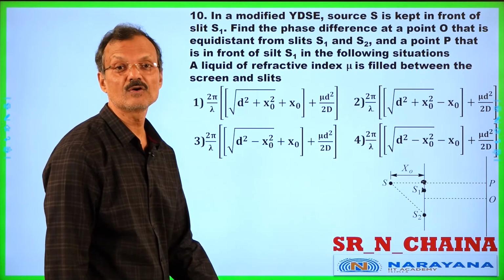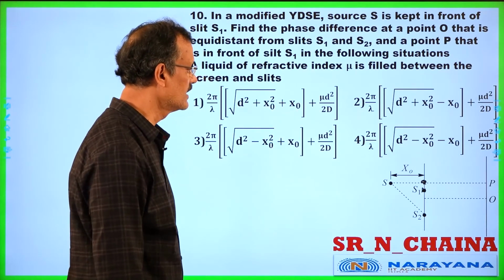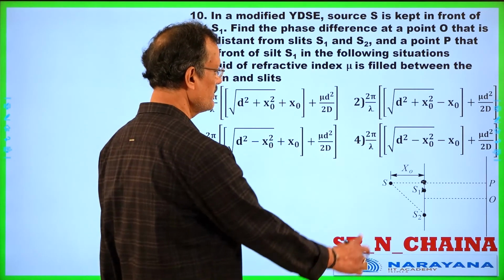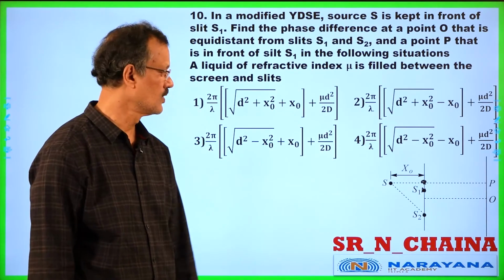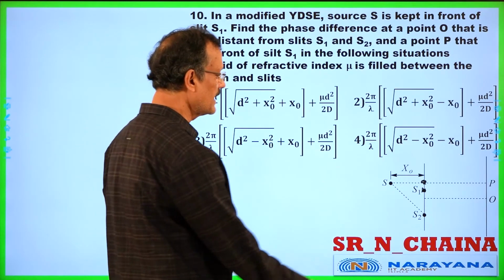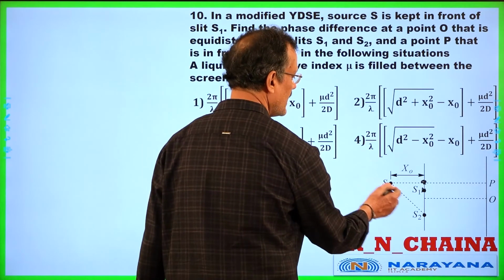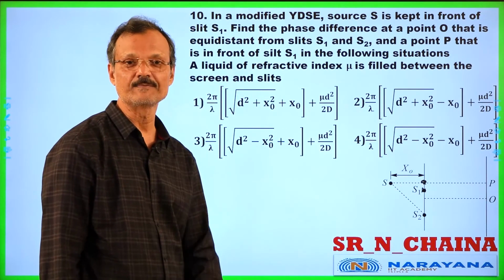They are asking you the phase difference, seeing all the alternatives. If they take point O, this will become equidistant. S1O will become S2O. If you take the first point's phase difference, then directly I can say it is SS2 minus SS1. The second term will not come.